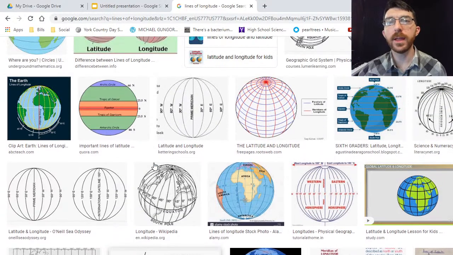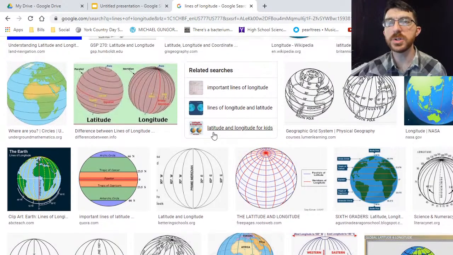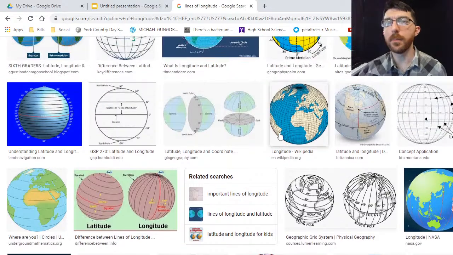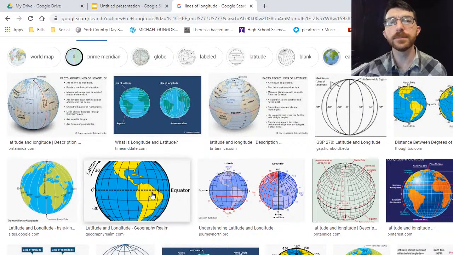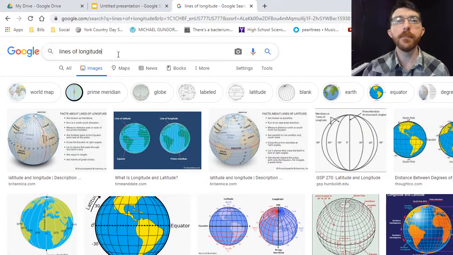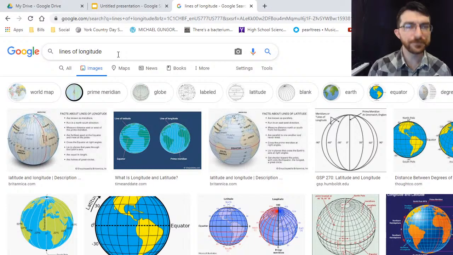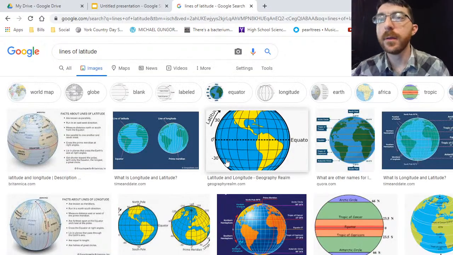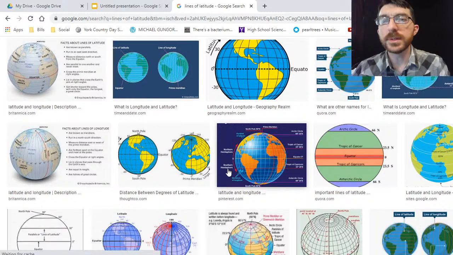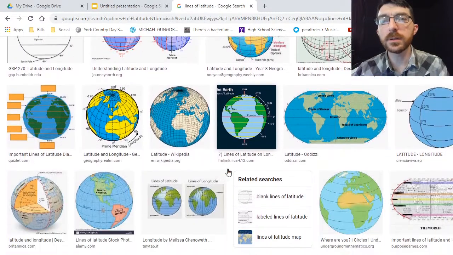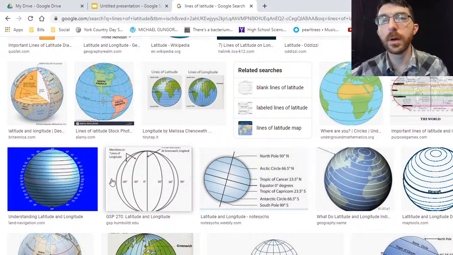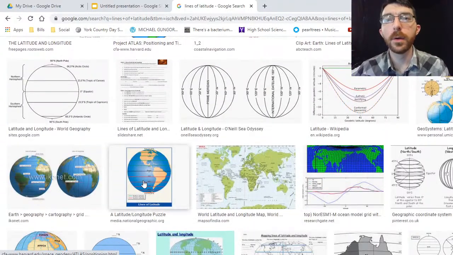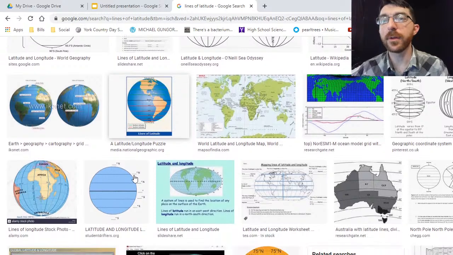So I'm thinking of lines of longitude on either side of the prime meridian. You know what? I don't know. I might get a better picture because everything's always centered on the equator. I might want to do lines of latitude. I just wanted to have it go from left to right, but maybe I can't be a chooser. All right, let me see here. Lines of latitude. I just want a nice close-up of the globe where it's zoomed in enough that it doesn't look round. Yeah, flat Earth.